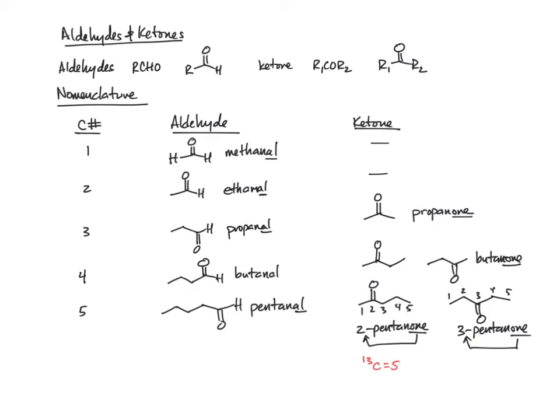The 3-pentanone would have 3. So 1 and 5 are the same. 2 and 4 are the same. 3 is its own thing. So 1, 2, 3. So by carbon NMR, we could differentiate these.